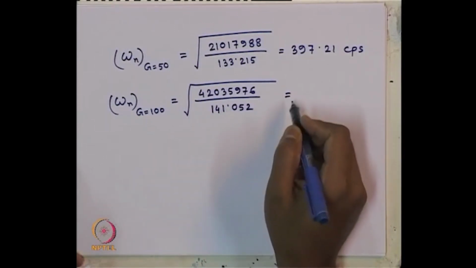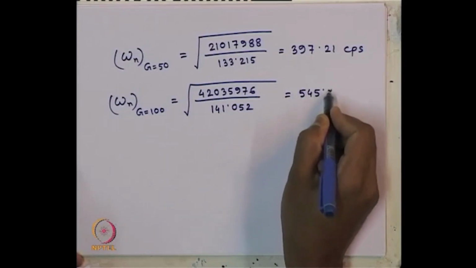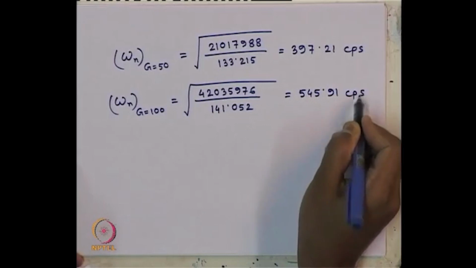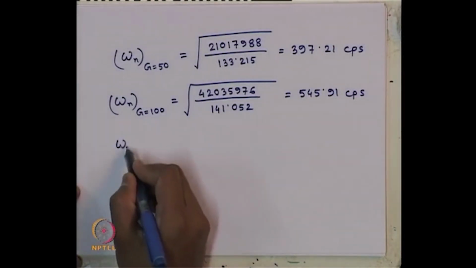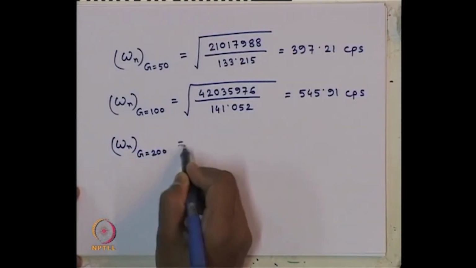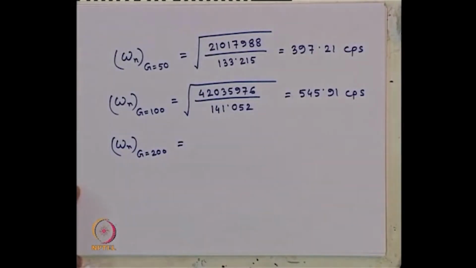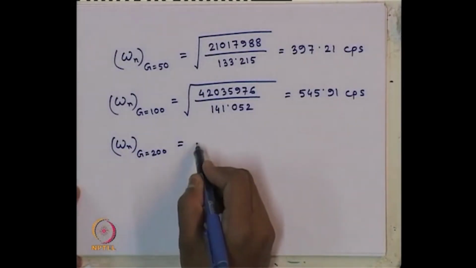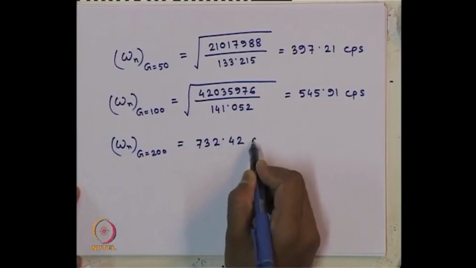So, this will give us 545.91 CPS. Okay. And omega n for the third type of soil with G equals to 200, you put the corresponding values, and we are getting the value of omega n as 732.42 CPS.